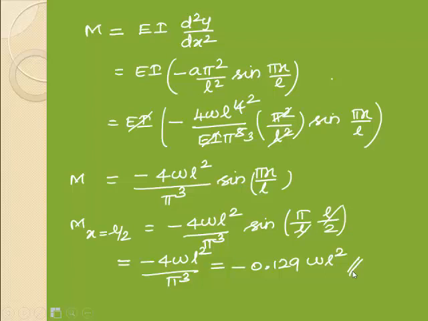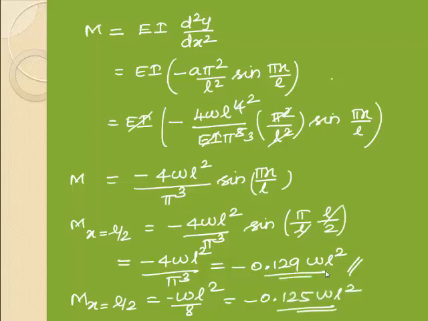The standard formula for the given case, M at x is equal to L by 2, is W L square by 8, that value is minus 0.125 W L square. This is the standard result. This is the obtained result while we are following the Rayleigh-Ritz approach. Thank you.